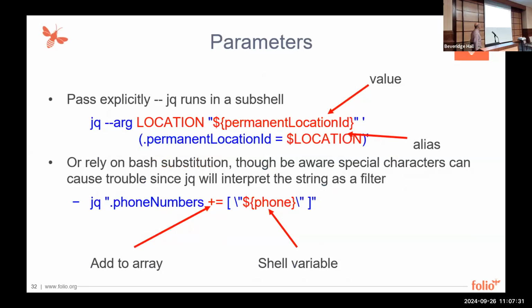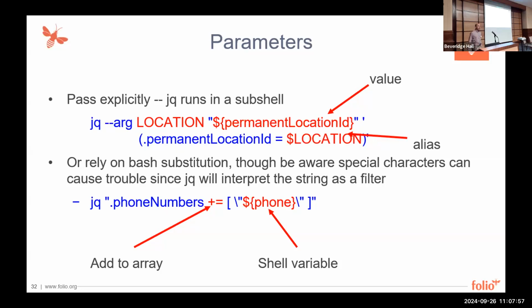Parameters. This is kind of like Unix style. What you normally do is you define arguments and then you pass them through. You can use double quotes instead of single quotes, and then pass through, if you're using Unix type stuff, things from your environment.